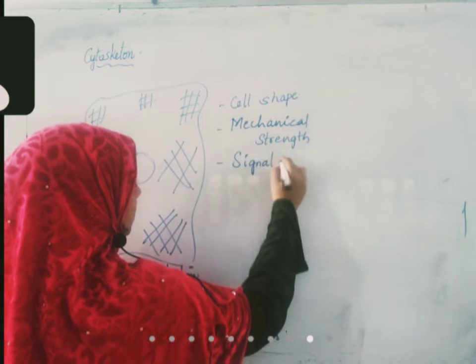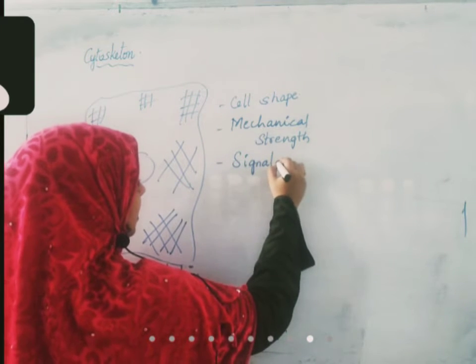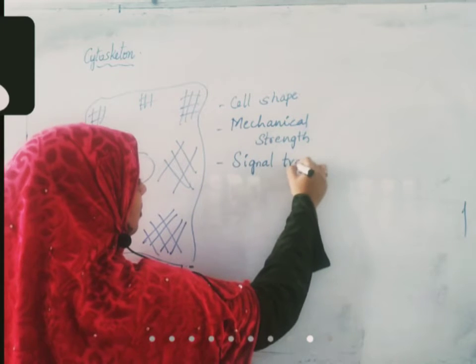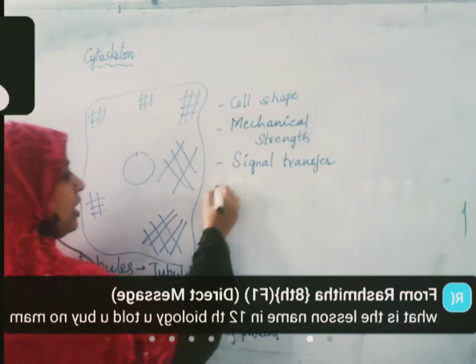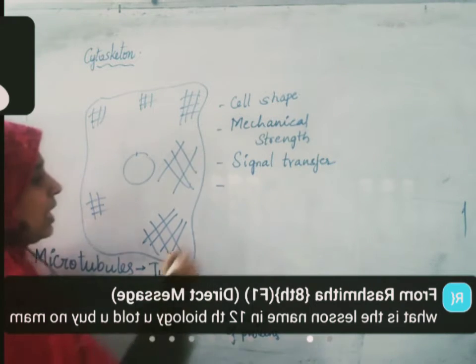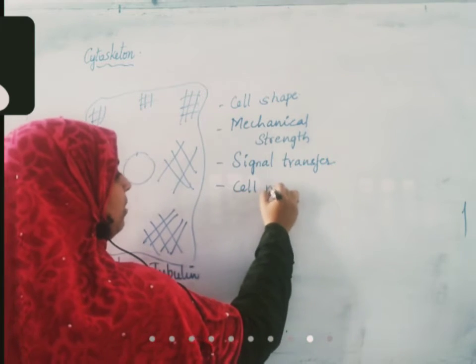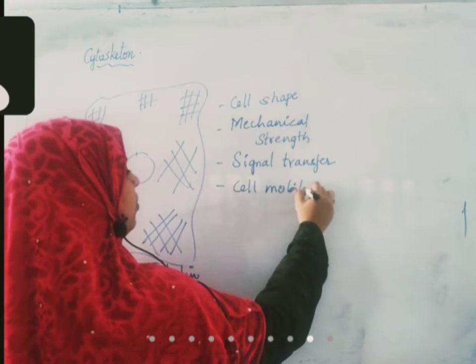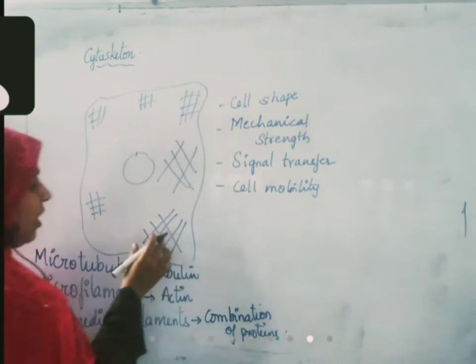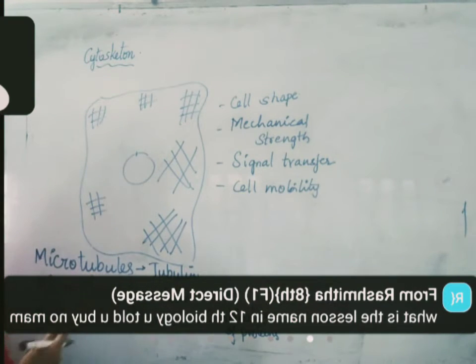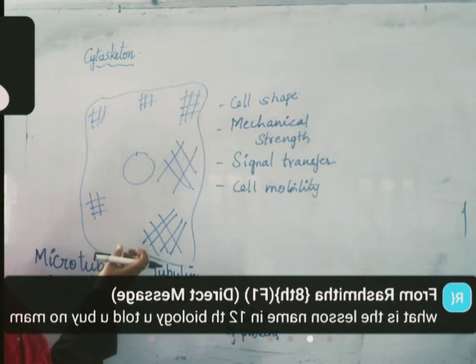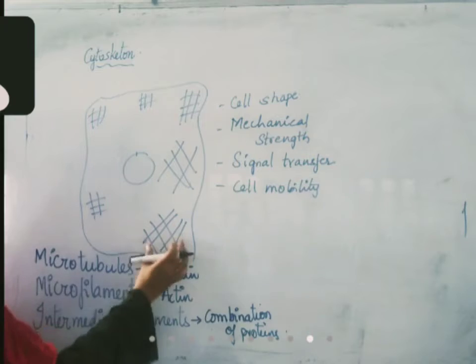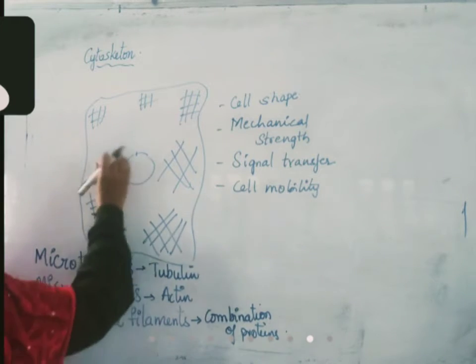We'll learn in further classes about signal transfer. It also helps in cell mobility. Cell mobility means movement of substances. These are freely moving fibers. They can collect any particle among themselves, and this set of cytoskeleton can move to another part.